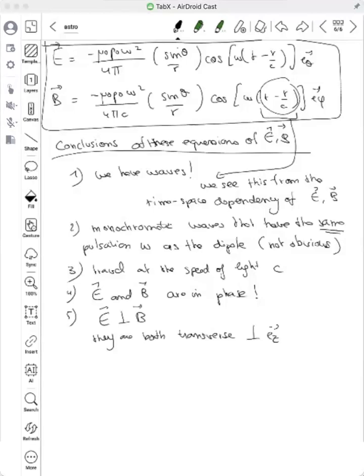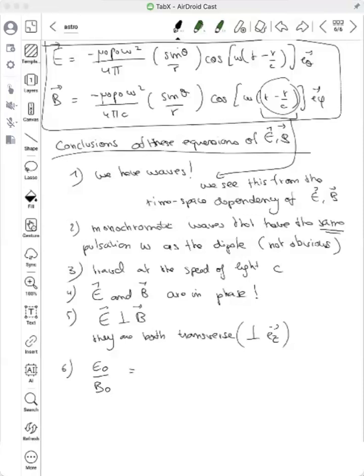What about the magnitudes? Aren't they supposed to be different? We'll talk about the magnitude in a second. Actually, we can talk about it now. So E0 divided by B0 is equal to what? Let's do it.